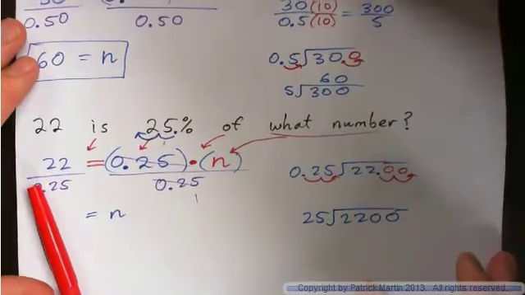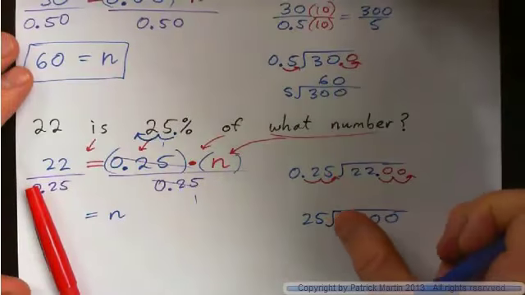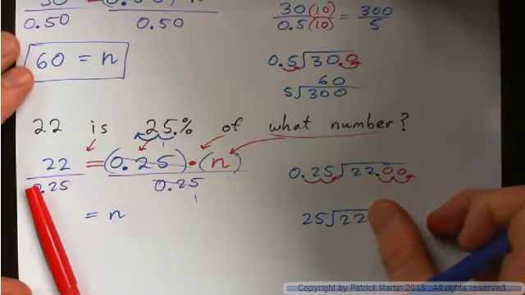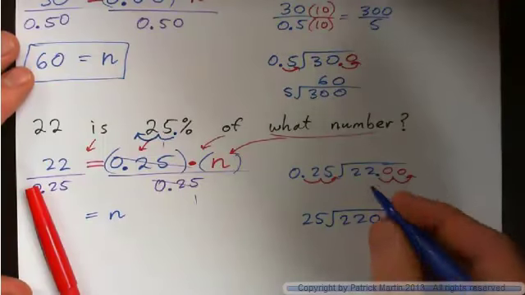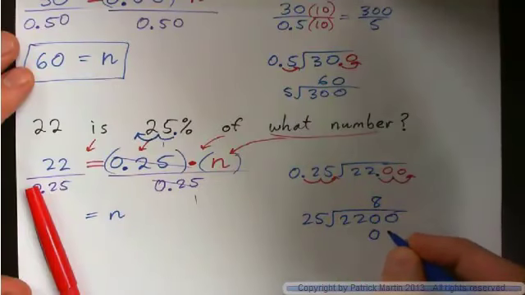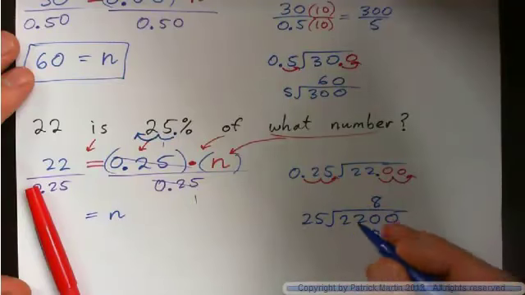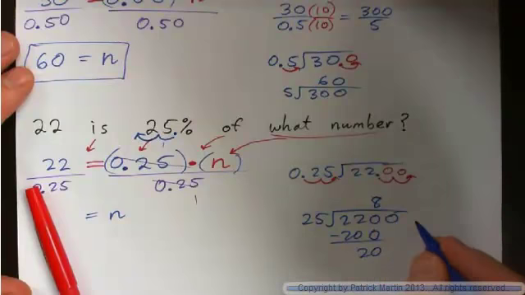So what does that become? 25 into 22 won't go. 25 into 220. I'm going to guess 8 times. Let's see what happens. 8 times 5 is 40. Carry the 4. 8 times 2 is 16. And 4 is 20. Subtract.